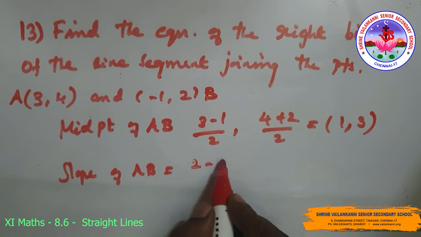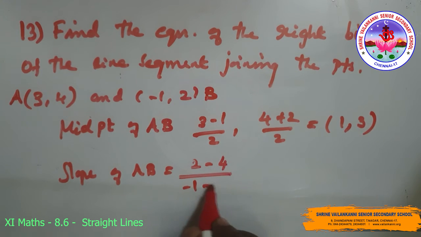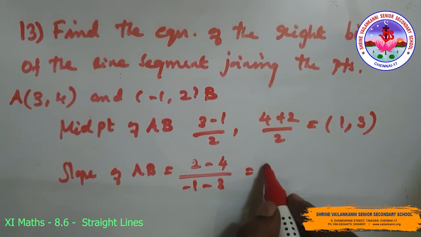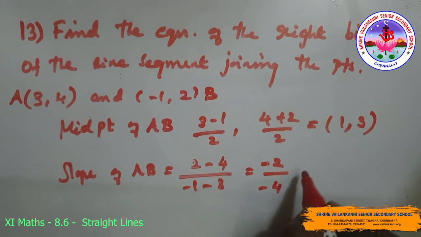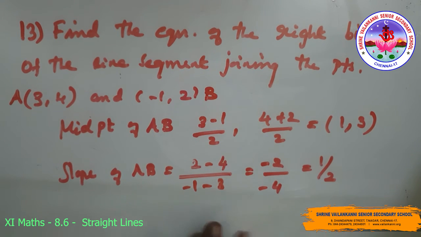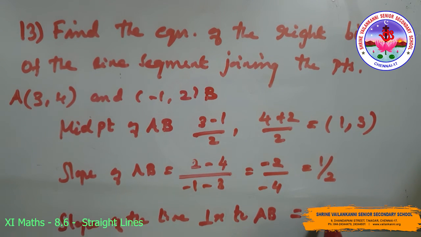So 2 minus 4 by minus 1 minus 3, which is equal to minus 2 by minus 4, which is half. So the slope of the line perpendicular to AB, which is the negative reciprocal, minus 1 by m, is minus 1 by half, which is minus 2.